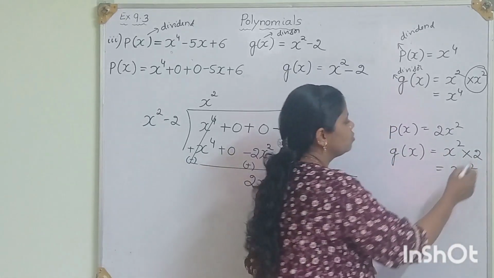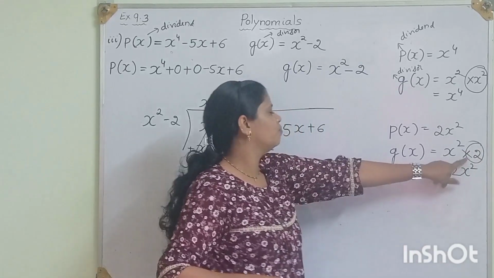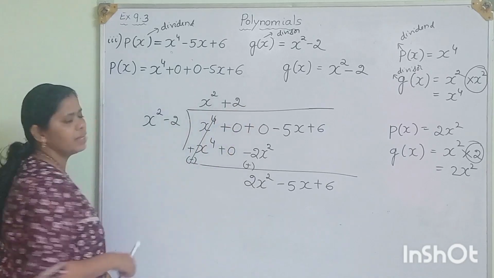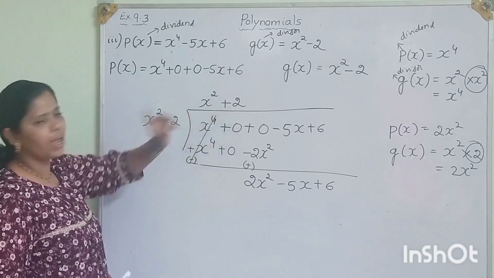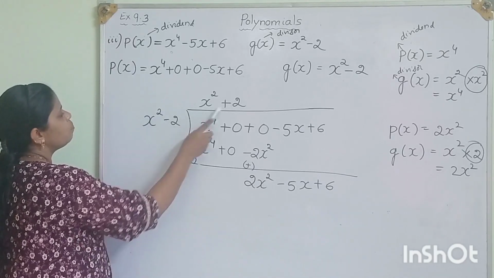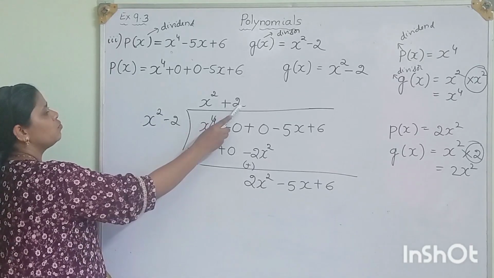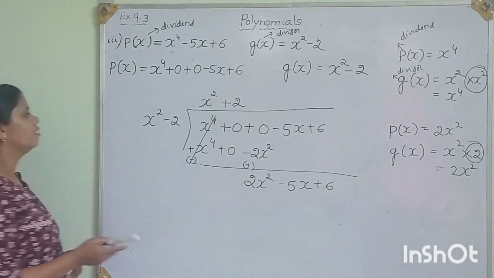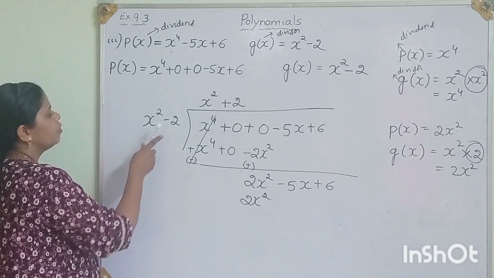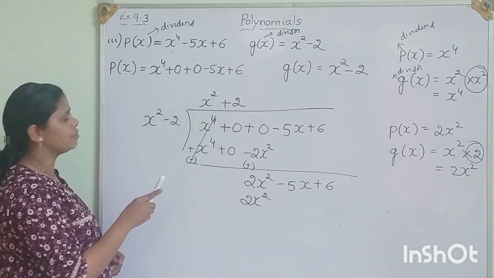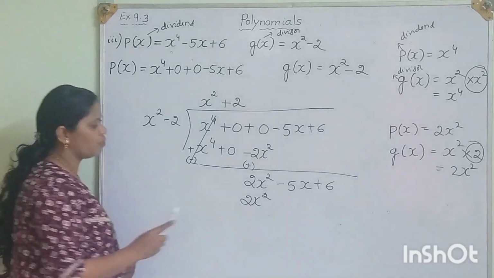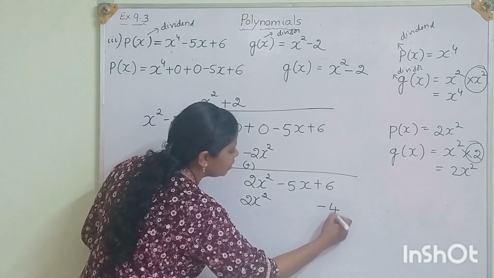So let me multiply by 2. Plus 2. Sign is also very important. Plus 2 we have to multiply. Now look at this. Plus into plus is plus. X square into 2 is 2x square. Minus into plus is minus. 2 into 2 is 4, that is minus 4. Let me write minus 4 here.